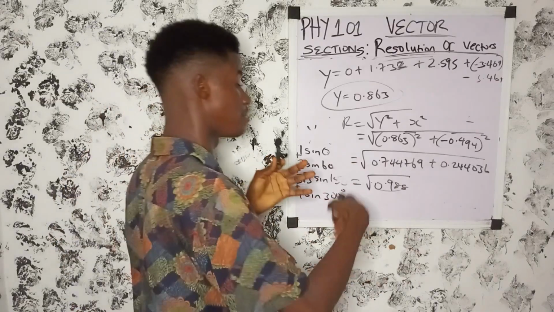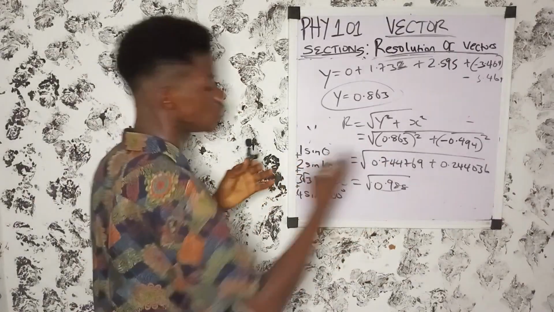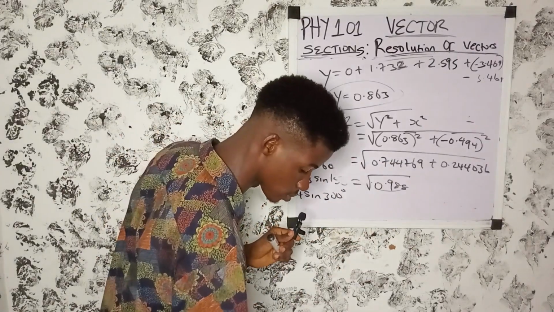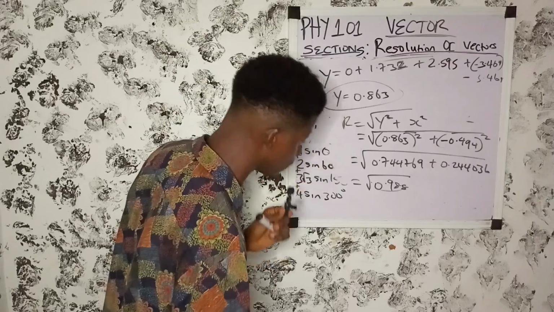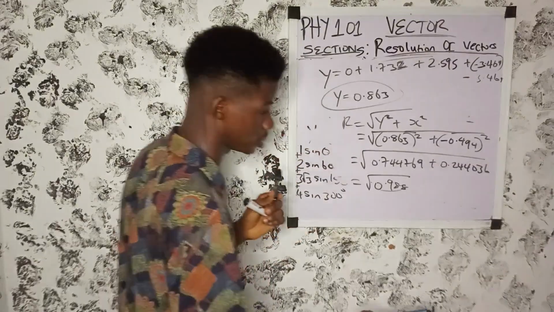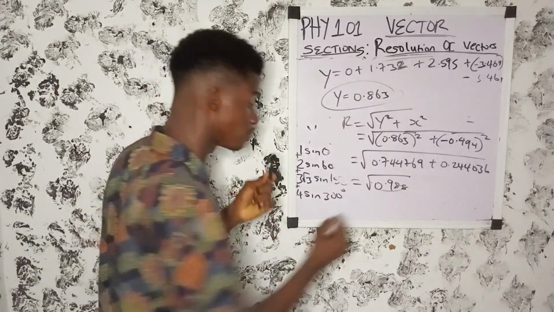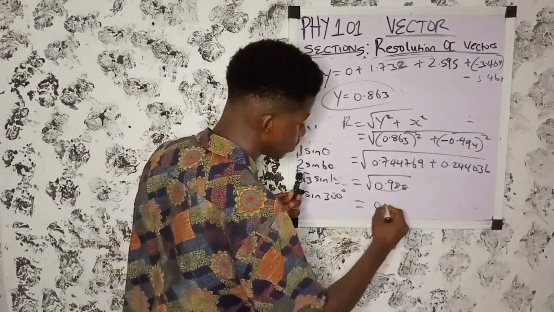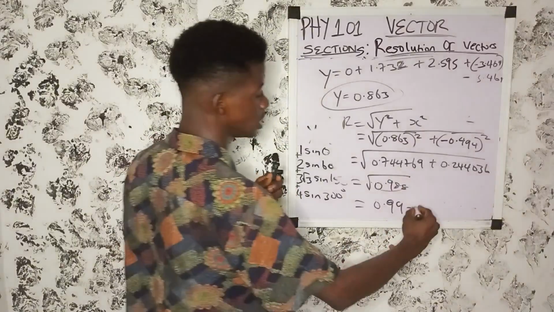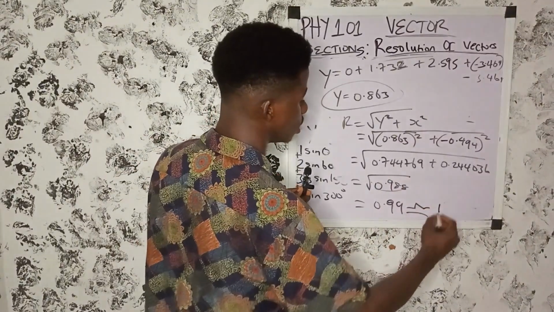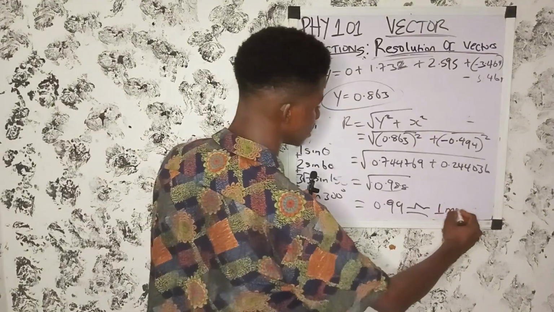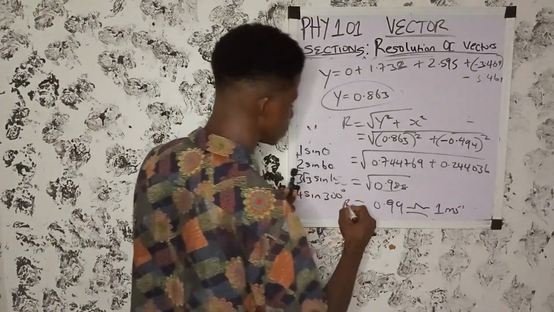Let me approximate. The square root of 0.988 is 0.99, which is approximately 1. So our answer is 1 meter per second. So that is our resultant.